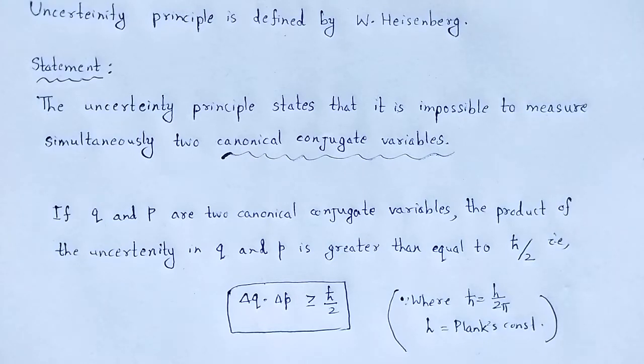That means we can't simultaneously measure both of these physical quantities at a particular time. It is impossible to measure two canonical conjugate variables simultaneously.